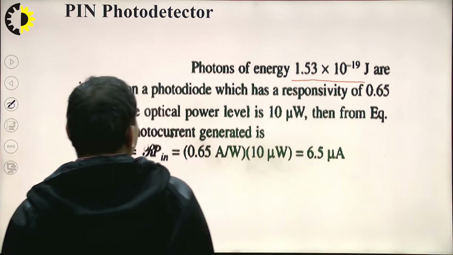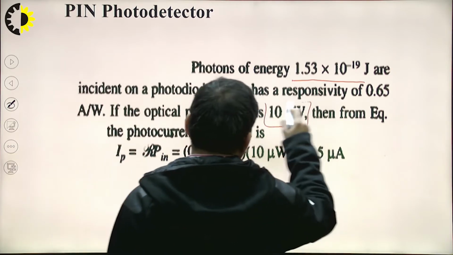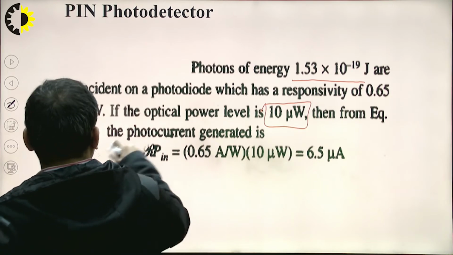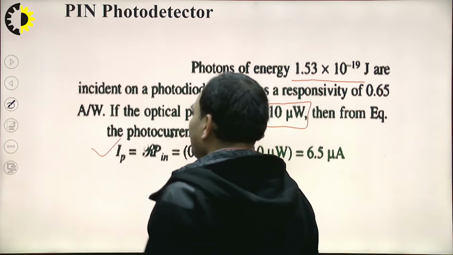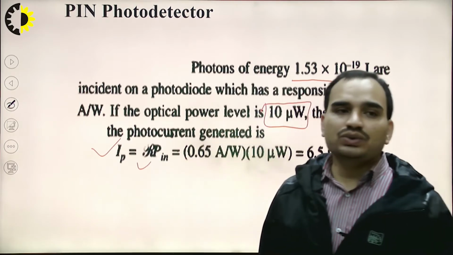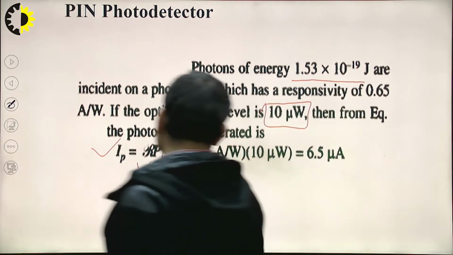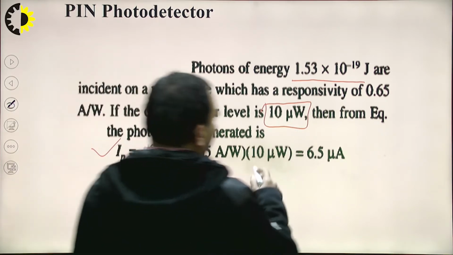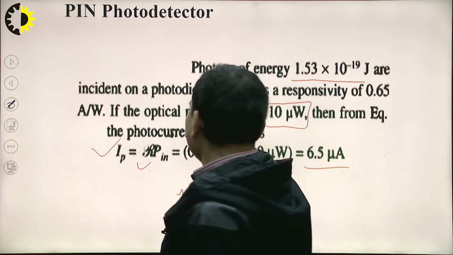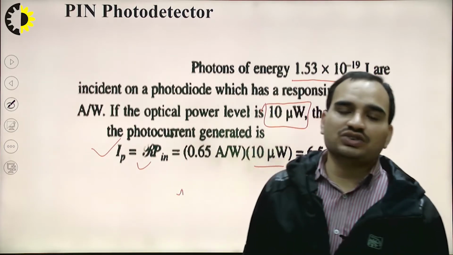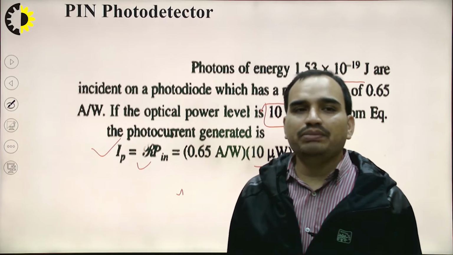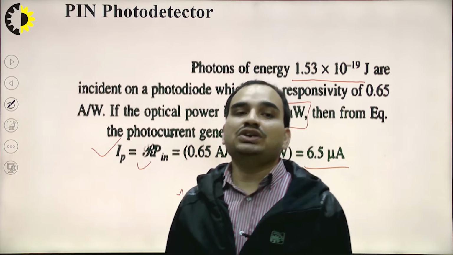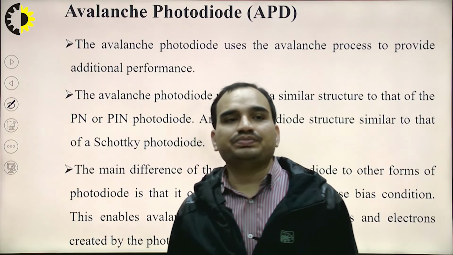If the optical power level is 10 microwatts, then from the equation the photocurrent generated is IP equals the responsivity times the power incident, that is 0.65 multiplied by 10 microwatts, which gives 6.5 microamperes. This is the photocurrent generated by the photodiode with a responsivity of 0.65.